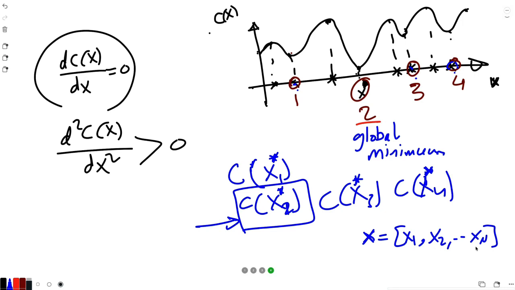So we have a multi-dimensional situation. Assume that in every dimension we might have thousands of local minima, thousands here, thousands here, thousands here. So in total, we might have trillions of possible local minima in some big scale problem.